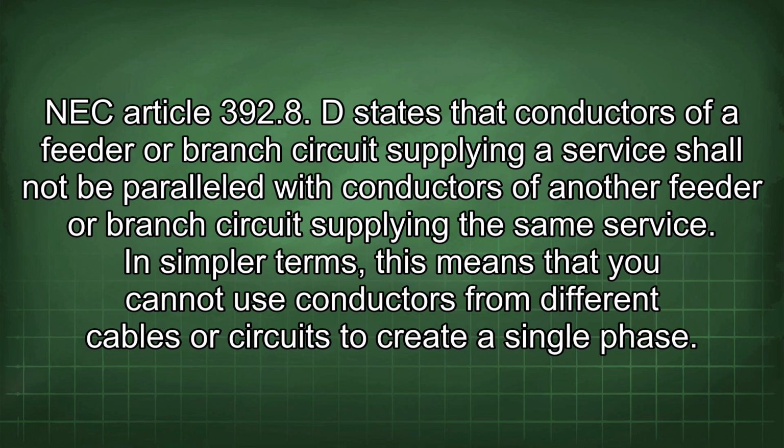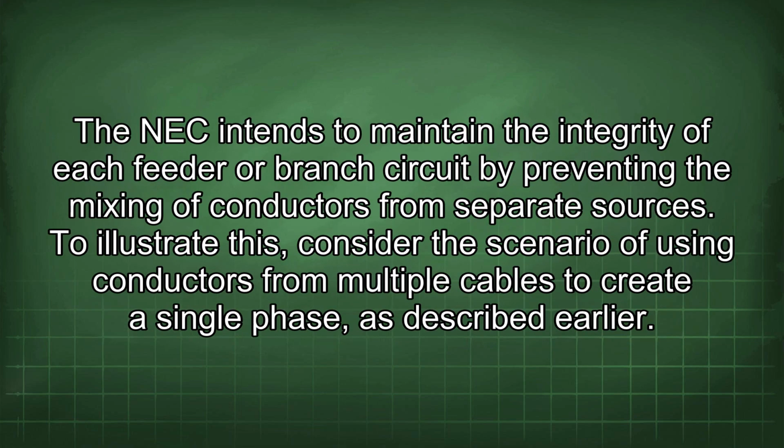In simpler terms, this means that you cannot use conductors from different cables or circuits to create a single phase. The NEC intends to maintain the integrity of each feeder or branch circuit by preventing the mixing of conductors from separate sources. To illustrate this, consider the scenario of using conductors from multiple cables to create a single phase, as described earlier.